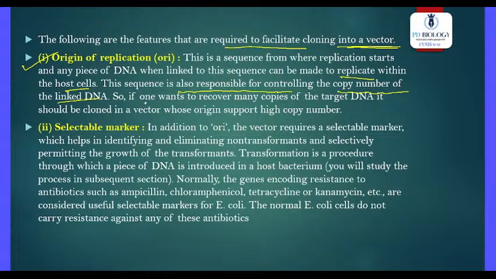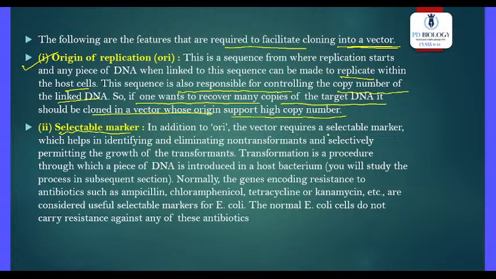So if one wants to recover many copies of the target DNA, it should be cloned in a vector whose origin supports high copy number. Another important part is the selectable marker.